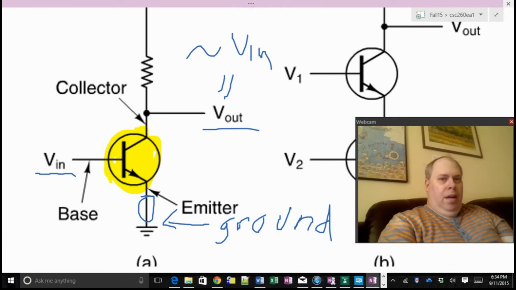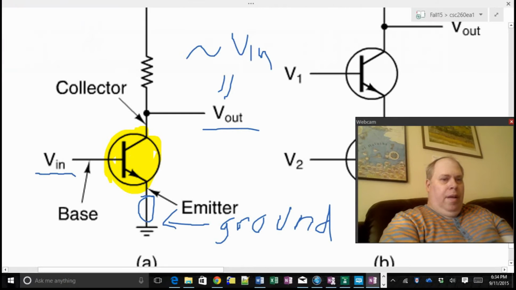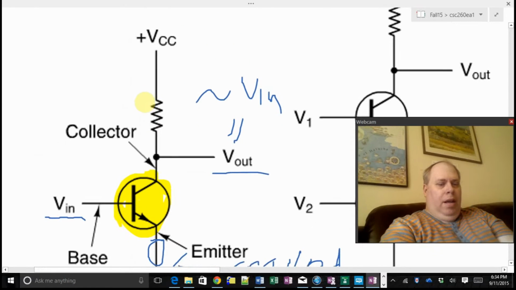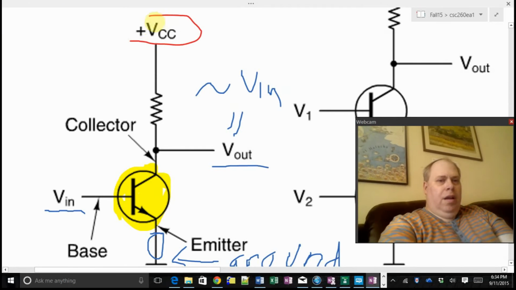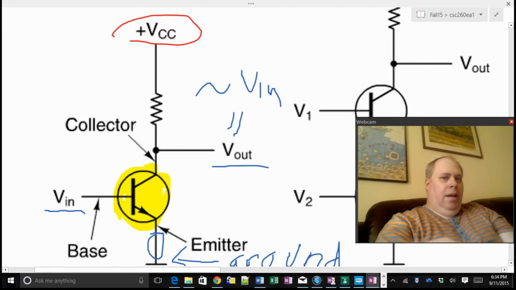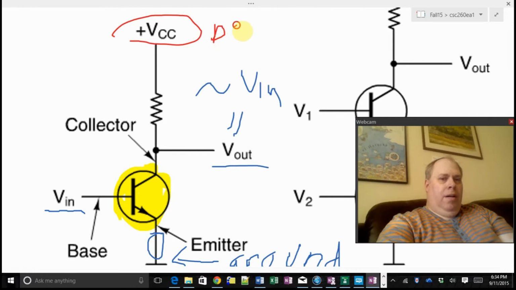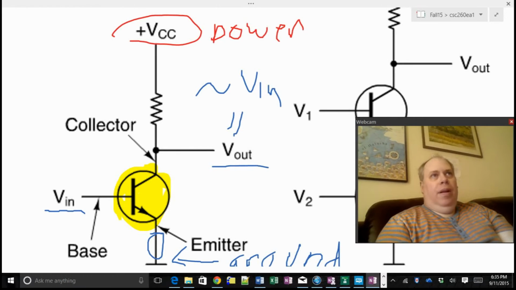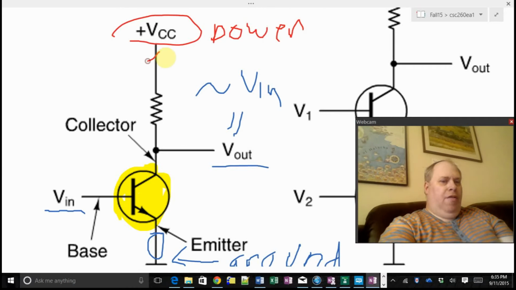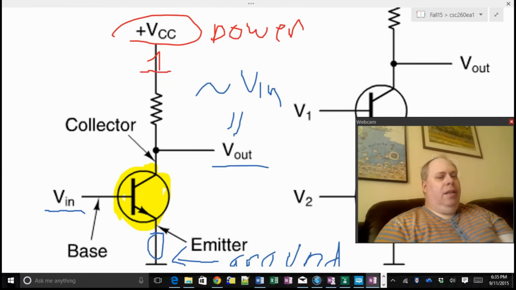Anything out here, this VCC over here, is actually the power. It's full charge coming from whatever we're using, the power side of the battery or the generator, and anything over here is going to be a 1.